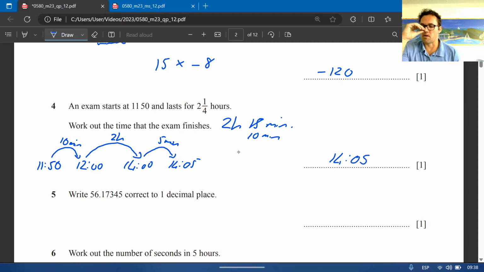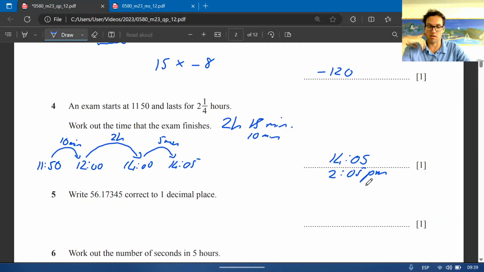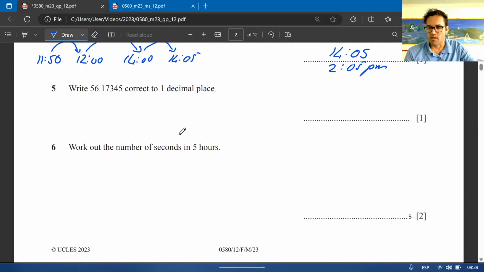If you write a 24-hour clock, they don't say. I guess if you write 2:05 p.m., it's also correct. But let's have a look. Oh, no, they just put 14:05 there. So I don't know about that 2:05 p.m. I have no idea. I think it should be right, but keep a 24-hour clock. I guess because this isn't a.m. or p.m., we keep it 24-hour clock.